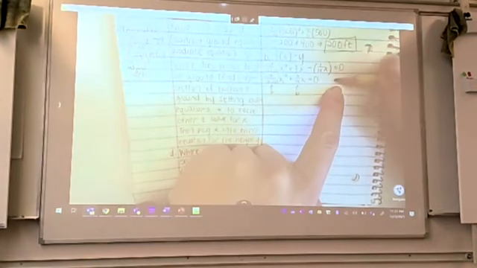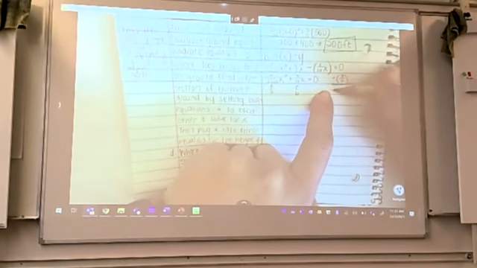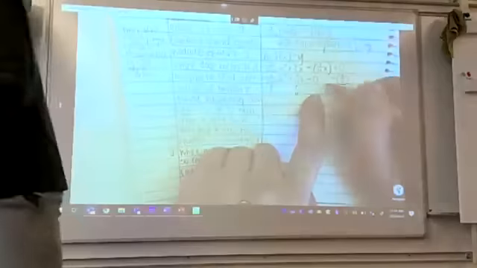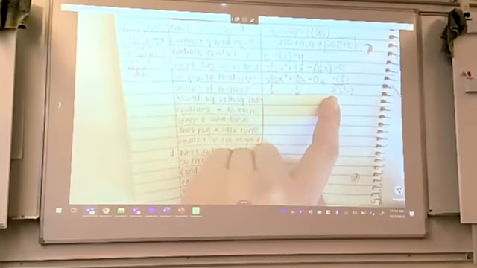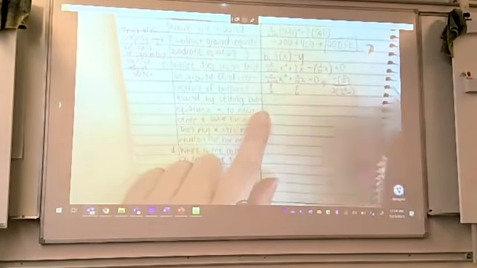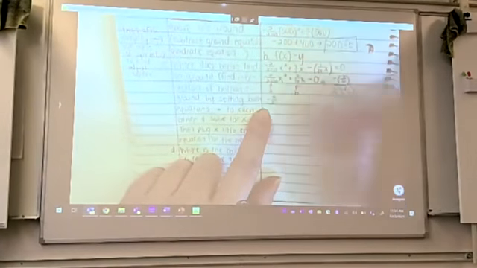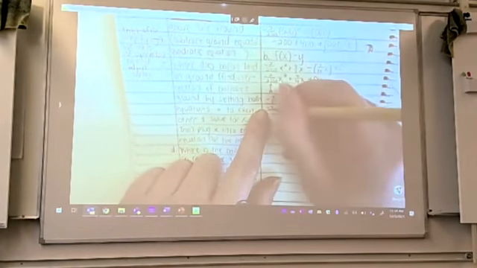Off to the side, this is going to be -b all over 2a, because that's the axis of symmetry formula. Then from here, this turns into -4.